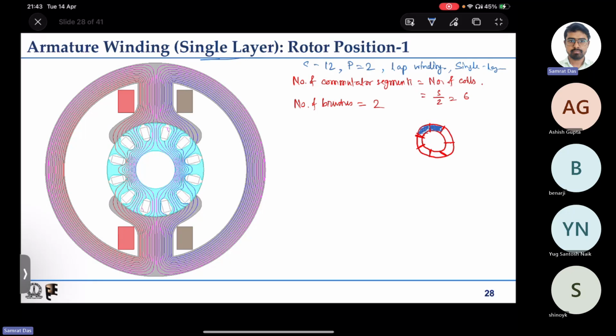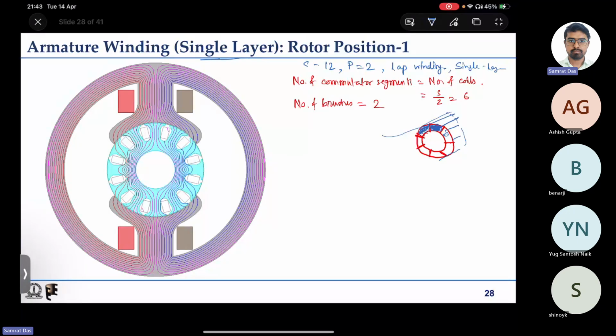So a commutator is some cylindrical body like this, where you have these segments, and terminals will be coming and shorted with one segment. That is what the connection is like.